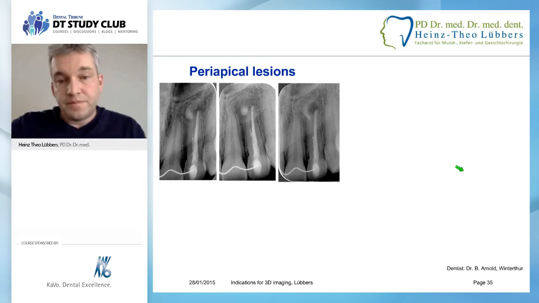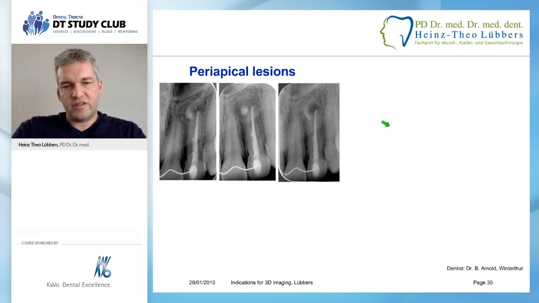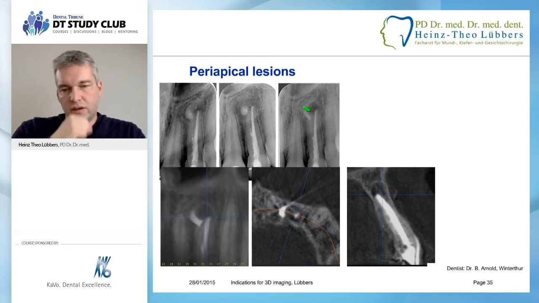A very interesting case would be this one. This is actually three images at different points in time, so I think it's over a year or maybe two. And we were asking ourselves what this lesion here might be. And we were thinking about an early form of infectious sclerosis there, which might explain why the structure is changing, and then a periapical lesion here. And finally we did a cone beam, and then we saw this.